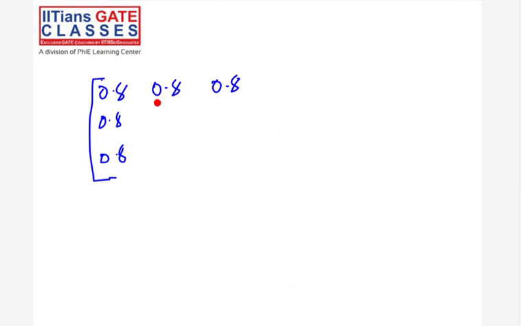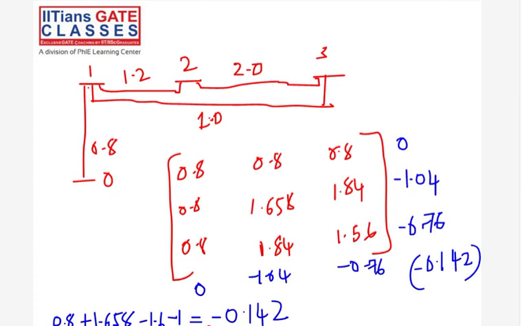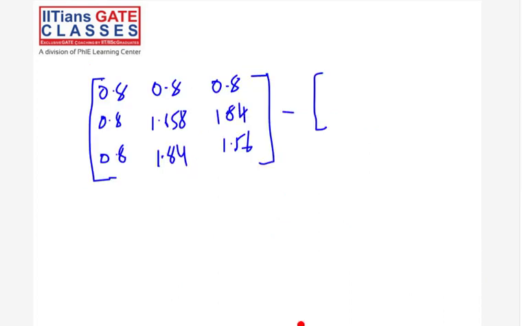This 1.58, 1.84, 1.84, 1.56, then minus, that would become plus, right? 1 by 0.142, right?